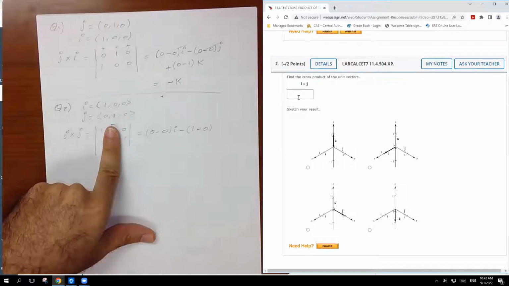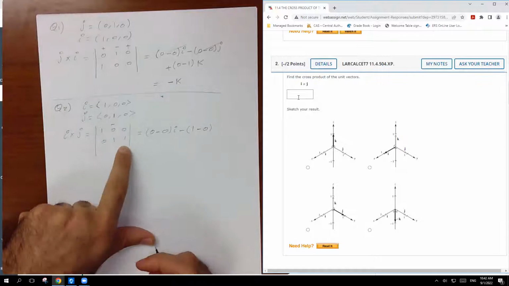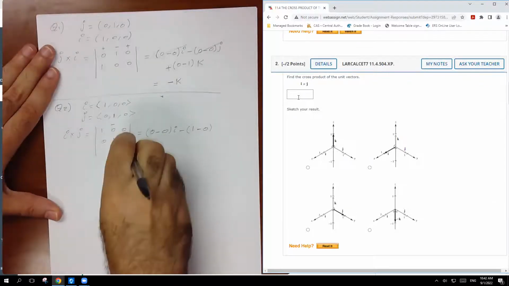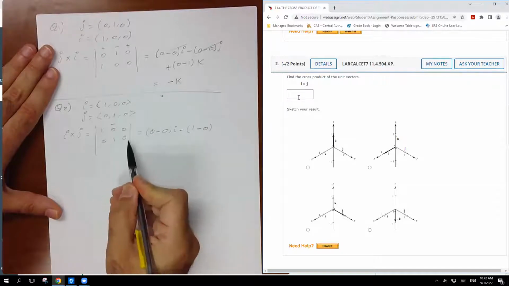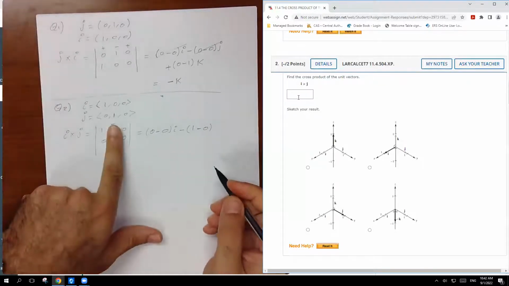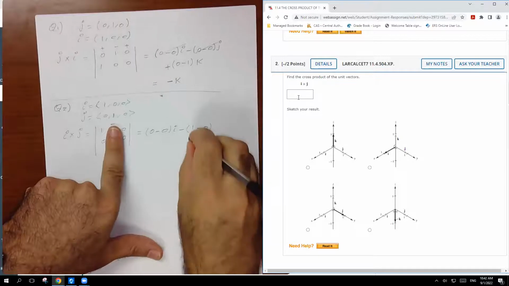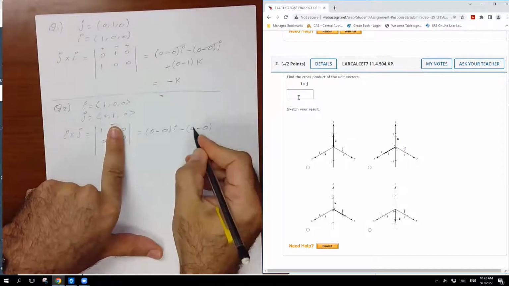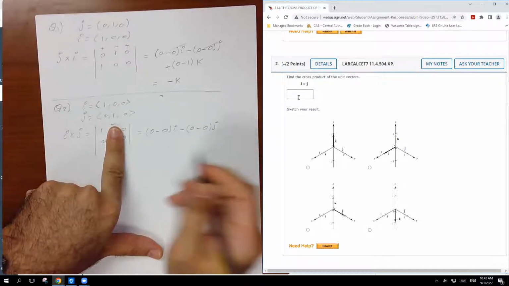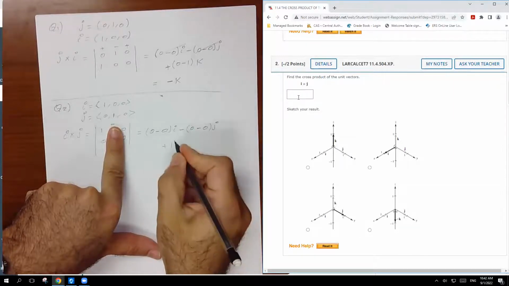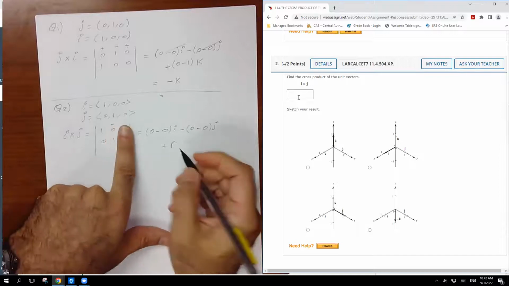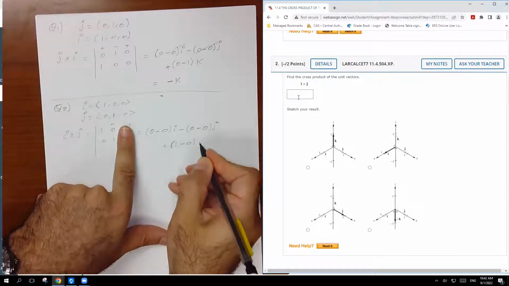Isn't it 0, 1, 0 instead of 0, 1, 1? Yeah, 0, 1, 0, yes. So for the J it is 0 minus 0. Here is the J. Plus, for the K, it is 1 minus 0.